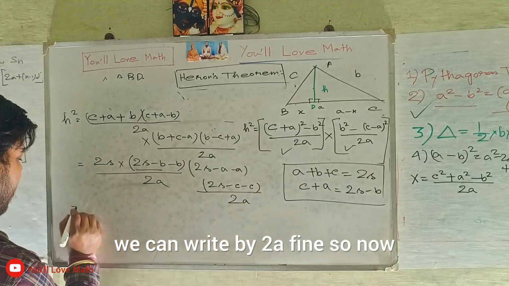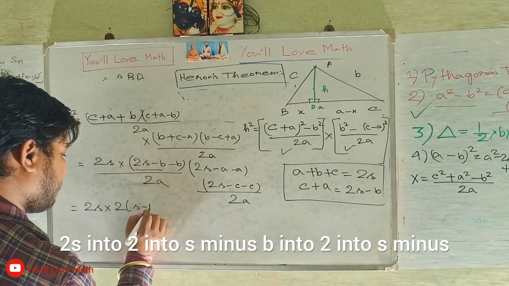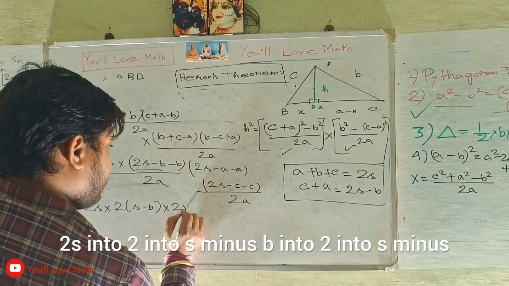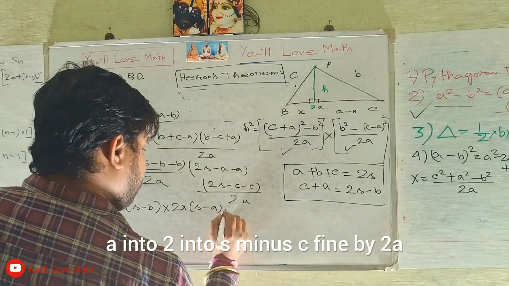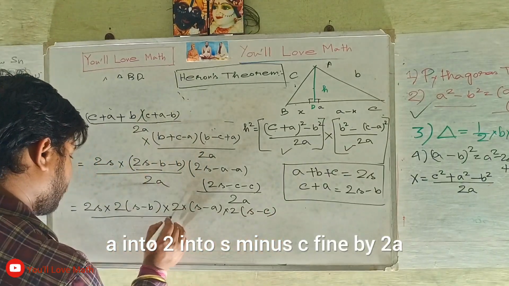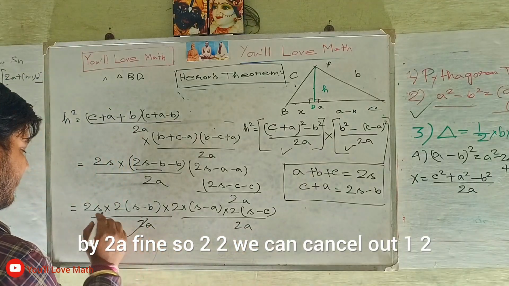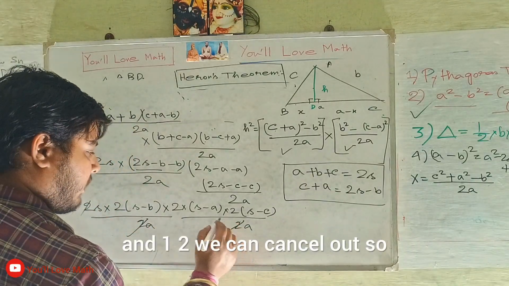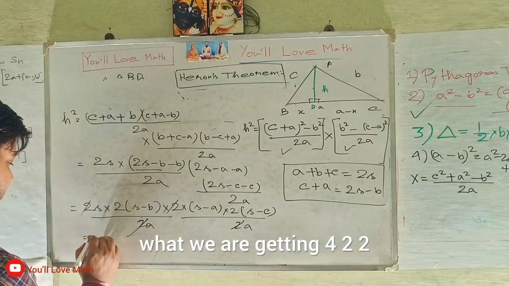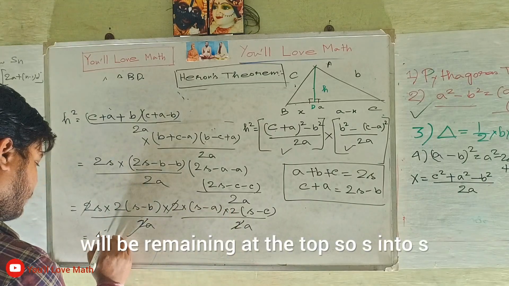Fine. So now 2 into s, 2 into s minus b, 2 into s minus a, 2 into s minus c, by 2a, by 2a. So the 2s we can cancel out, and we are getting 4 remaining at the top.